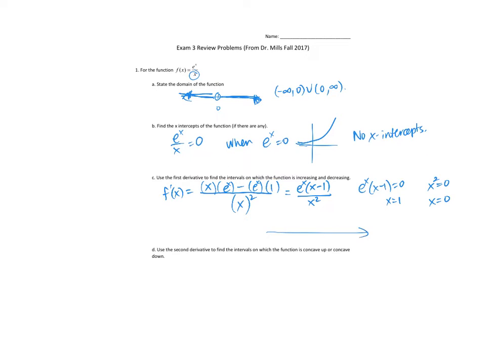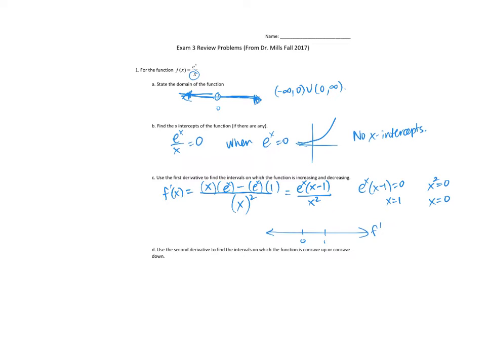If I'm going to draw out my number line for f prime, I'm going to put 0 and 1. 0 is where the function's undefined, 1 is a critical point, and I want to see what is going to happen in between those values. If I use the first derivative test, I can just plug in numbers less than 0.